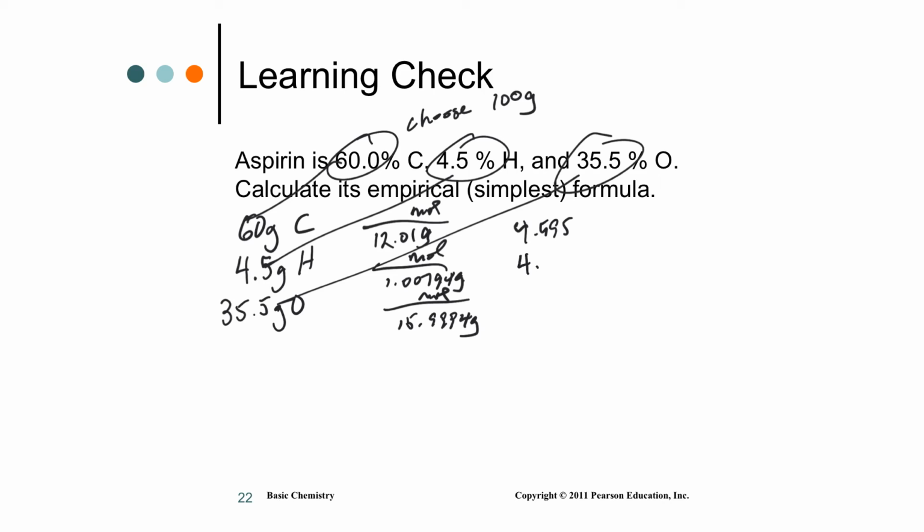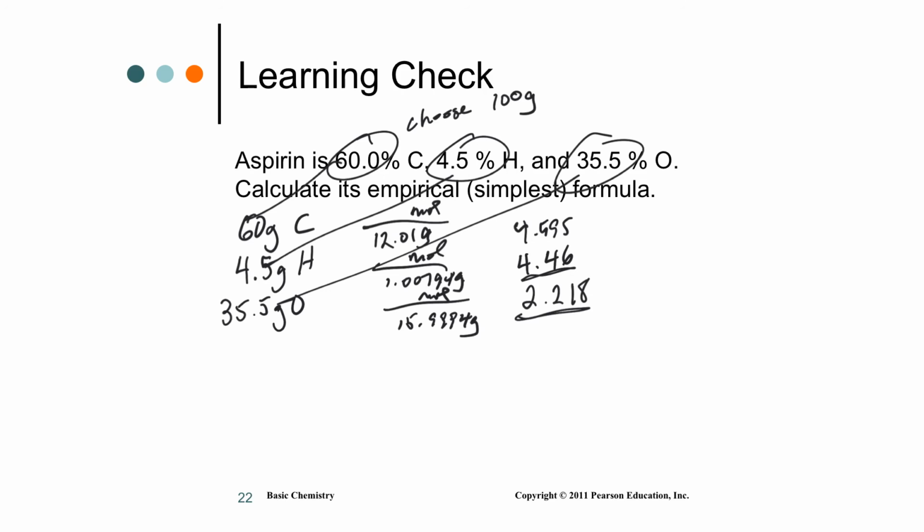I can do it this way. 4.46. Last one, 35.5 divided by 15.9994 is 2.218. All right, now I've got moles. That's numbers. So you can kind of see that this is 1 and this is 2, kind of.